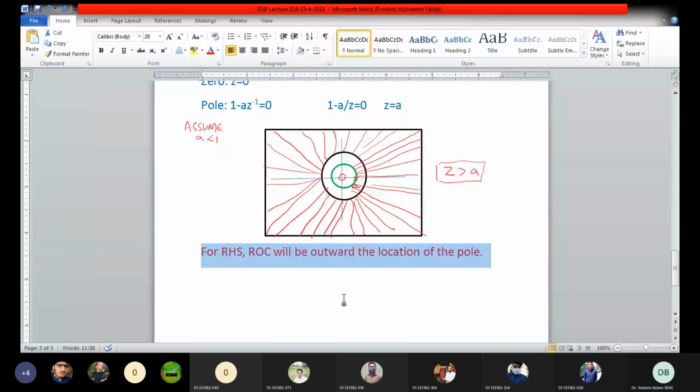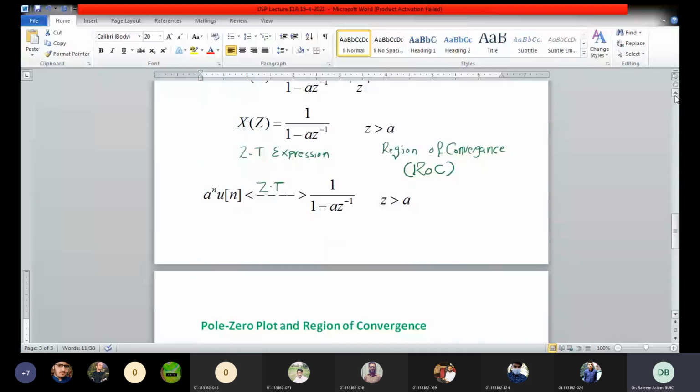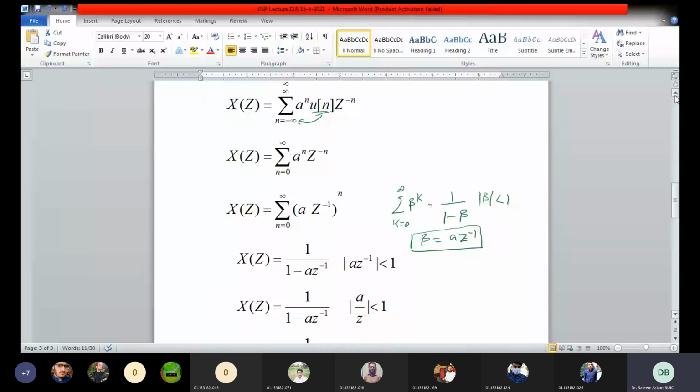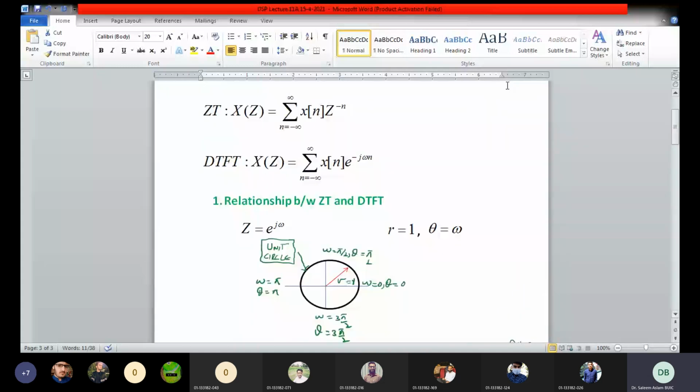Let me quickly revise what we have done so far. We exploited the relationship between the Z transform and the discrete-time Fourier transform. By comparing the formulas, we come to know that Z is equal to e to the power j omega.